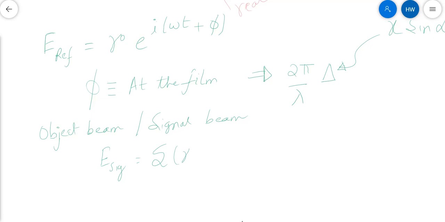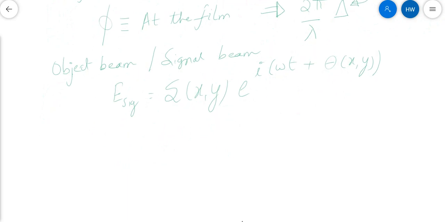The amplitude itself is a function of x and y, the film coordinates. And they have, of course, the same frequency, because we have split the same laser beam into two parts. And the phase theta is again a function of x and y, which is different at different points on the film. So this is precisely my E reference and E signal.